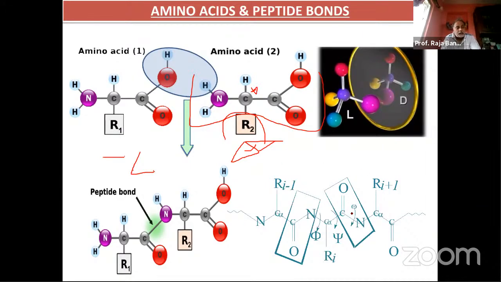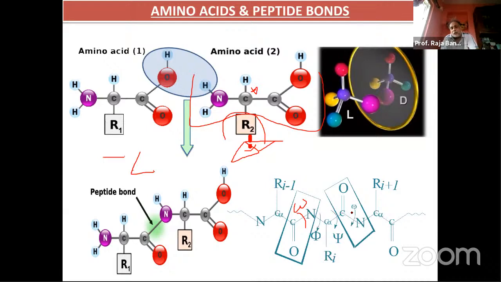There are 3 types of dihedral angle we find. If we take the angle between the CO and N, this is called omega. Then N and C alpha, this is phi, and C alpha and CO, this is psi.